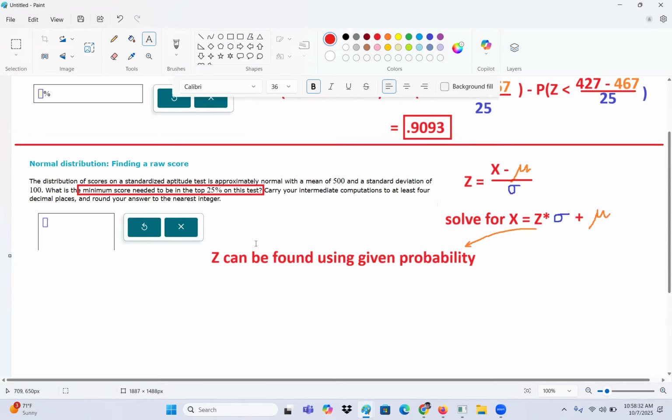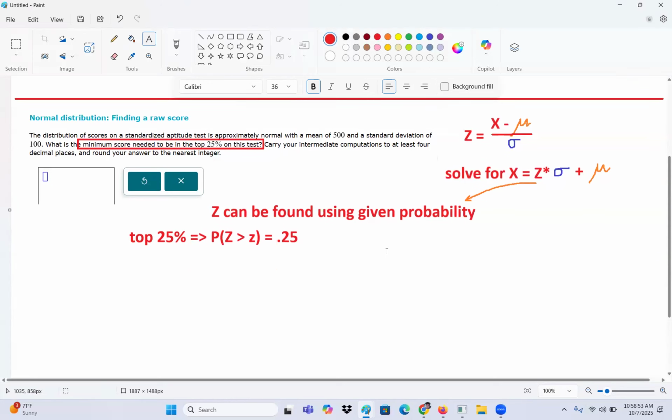So the question I'm going to give is like top 25%. So that is the P of Z greater than Z equal to 25, the top 25%. The hard part was determining if the Z is negative or positive.